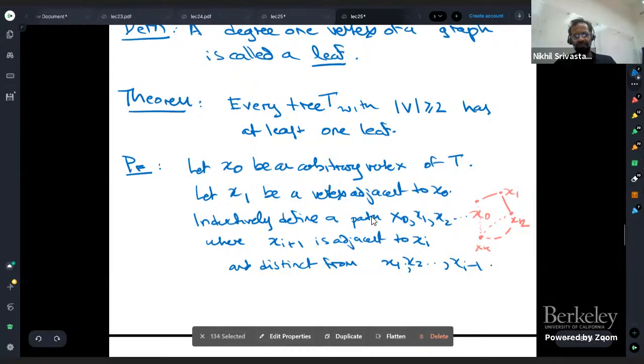You can do that for a while until you can't do it anymore. Why does this process stop? Because the graph is finite. Every time you do this, you choose a new vertex, and so this process has to terminate.